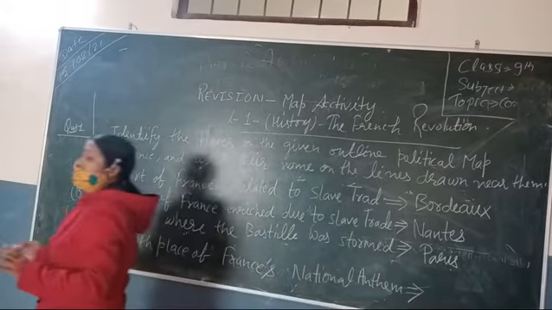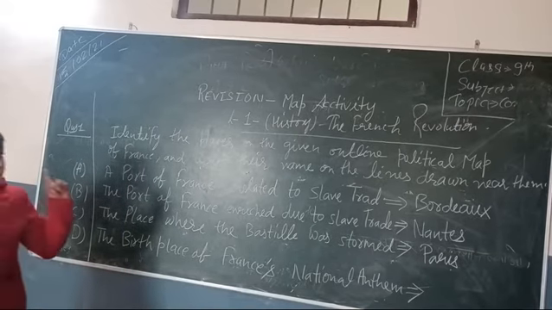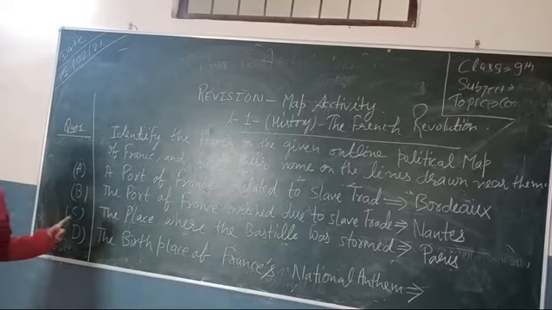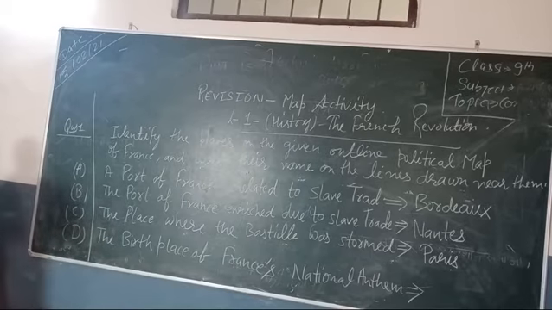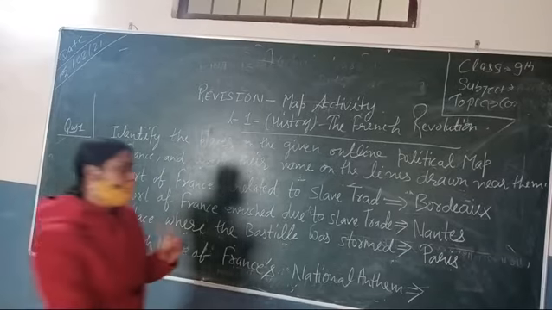In France, the city Marseille is known for this, as you know, the French national anthem is known as La Marseillaise. So this was the place, Marseille, known as the birthplace of the French national anthem. Your answer is Marseille.